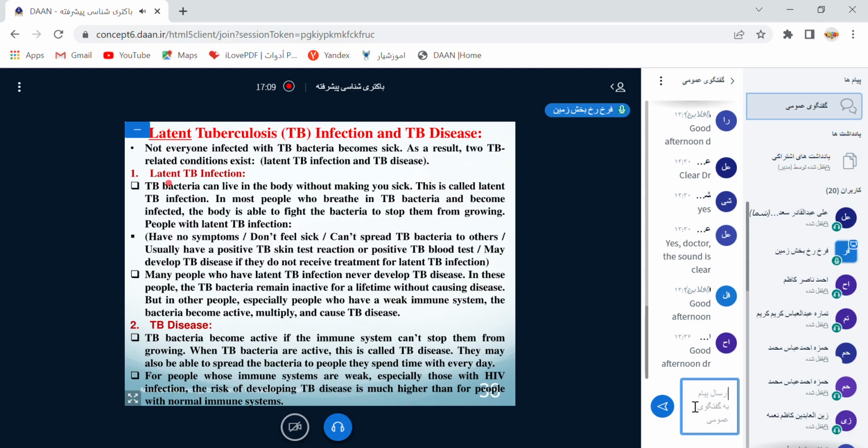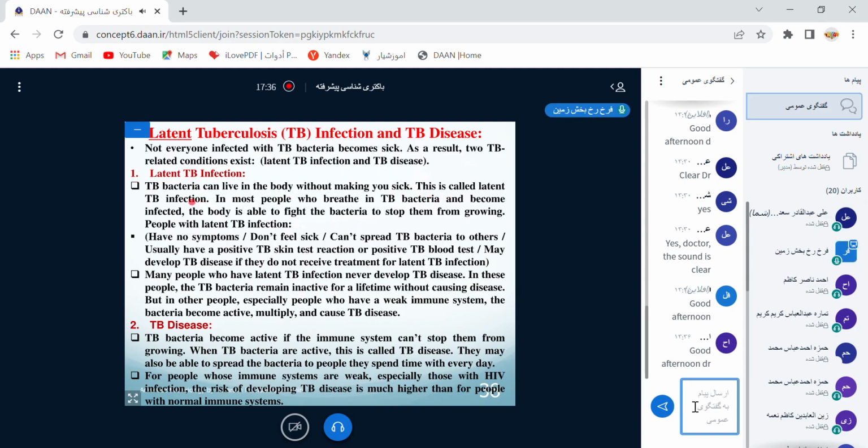Number one, latent TB infection. Tuberculosis bacteria, or tubercle bacilli, or Mycobacterium tuberculosis, can live in the body without making you sick.